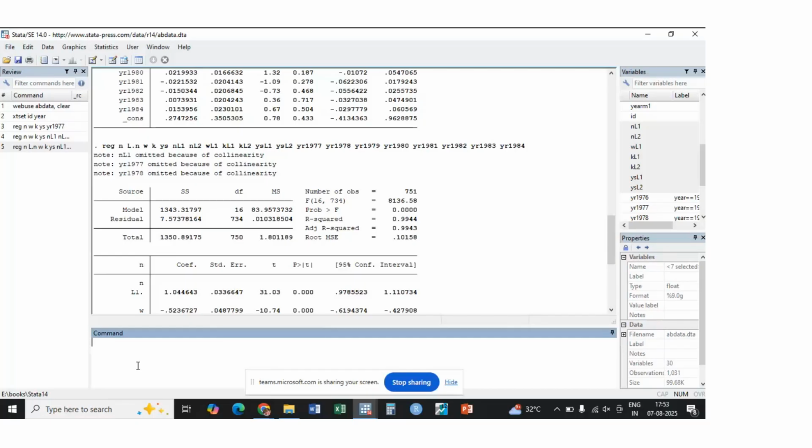The logic that Stata uses is that the first variable you put is taken by default as the dependent variable, and whatever comes after is treated as the independent variables.